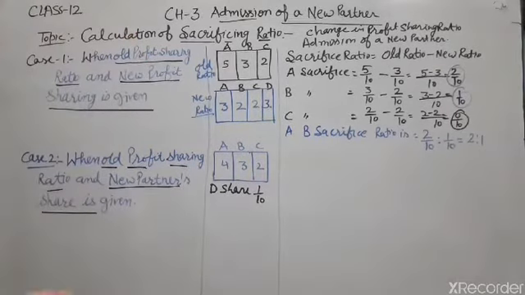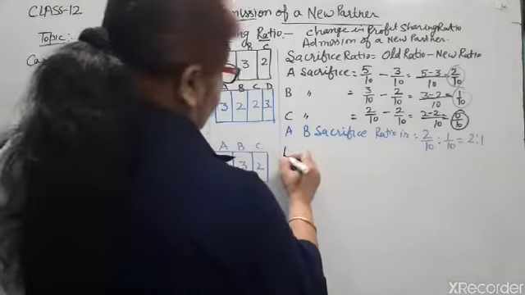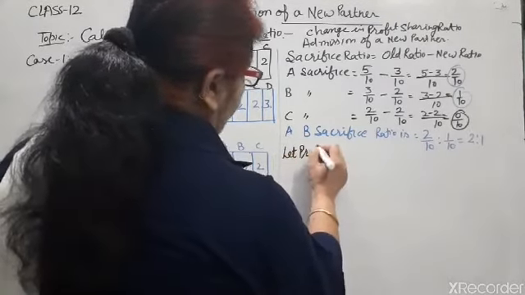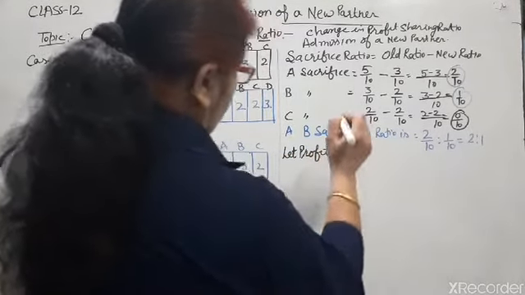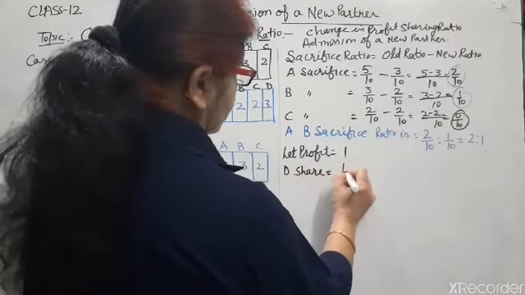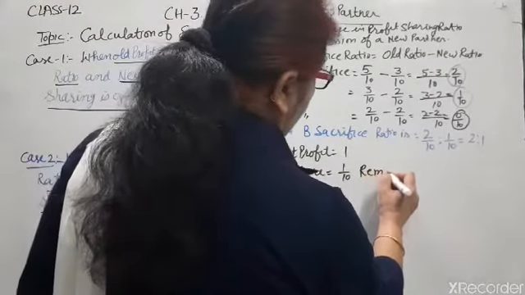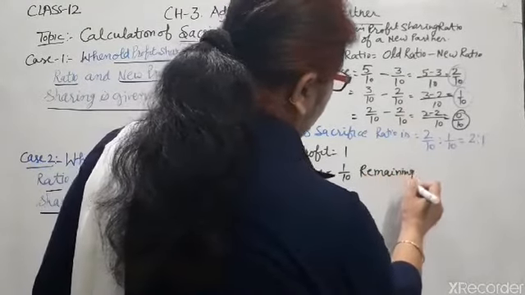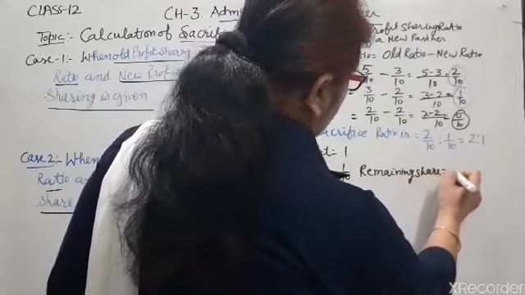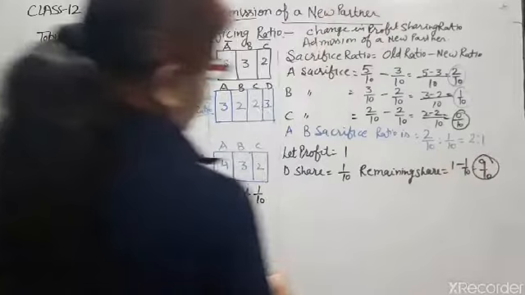So how can we solve this situation? In this situation, first of all, we let the profit be equal to 1 and subtract the new partner's share 1/10, and calculate the remaining share, which is 1 minus 1/10, 9/10.